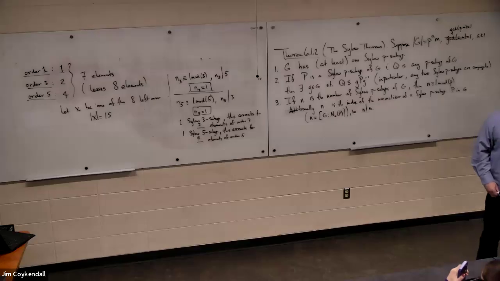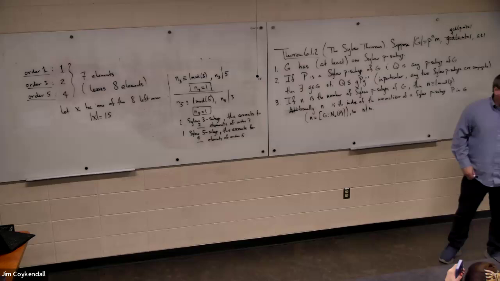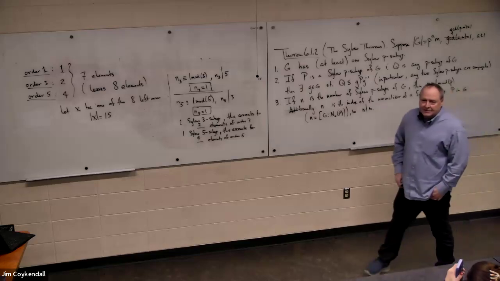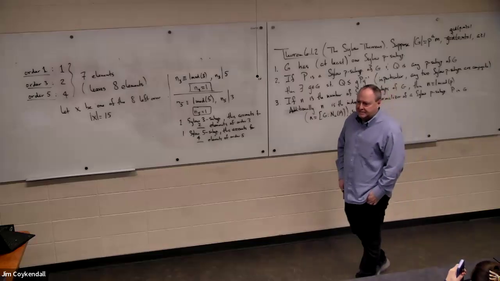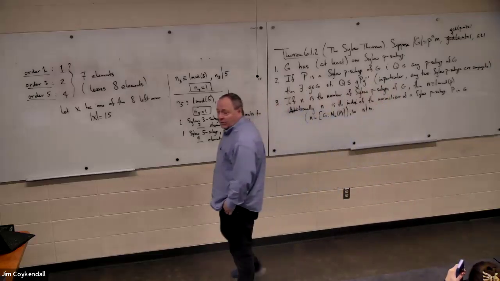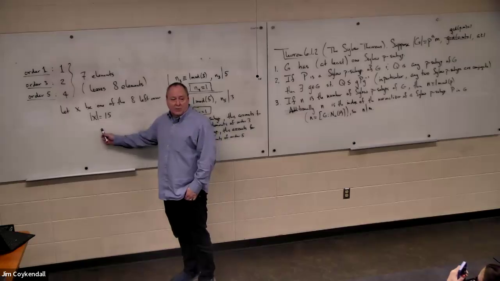So what can you say about any group of order 15? It's 8 elements. Right, so in particular, what's the structure of it that's particularly nice? If it's of order 15 and it's got an element of order 15, it must be cyclic.